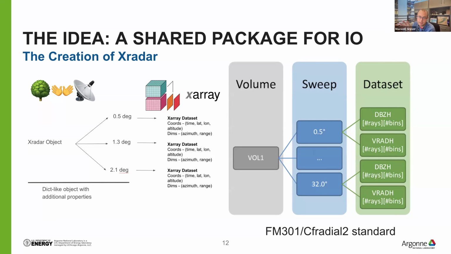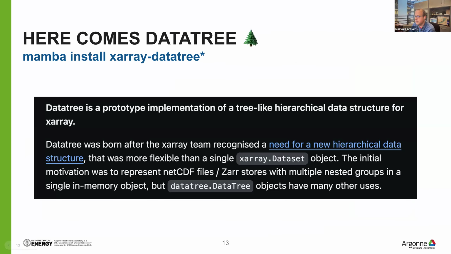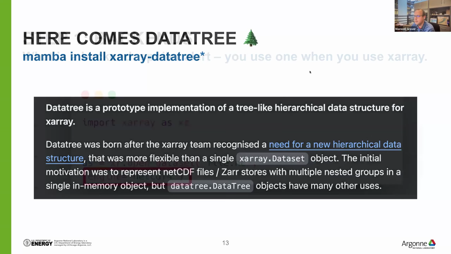And then you can easily save that out, and it conforms to the CF-Radial-2 standard, where you store those in their own HDF groups. And so we created this XRadar toolkit, which uses DataTree, and we've been following along with the main Xarray repo to see using it within Xarray itself.